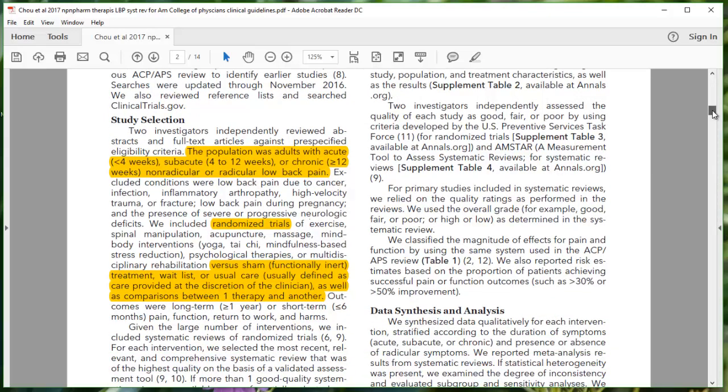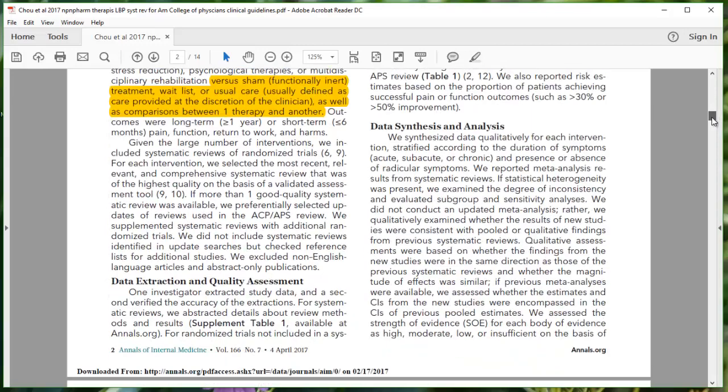And so they had grading that determined where the studies fell within the systematic review, and then they have the synthesis and analysis of data. Sometimes systematic reviews just say we extracted information, now we'll report it. These authors are giving us a little bit more information to look at quality, and when they had enough information from the studies to report on a meta-analysis, then they reported on that as well.